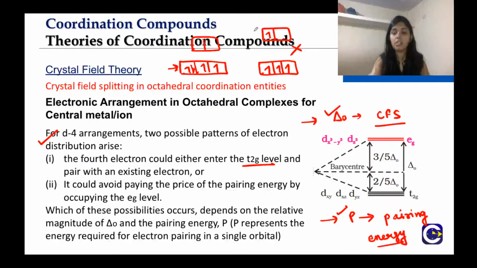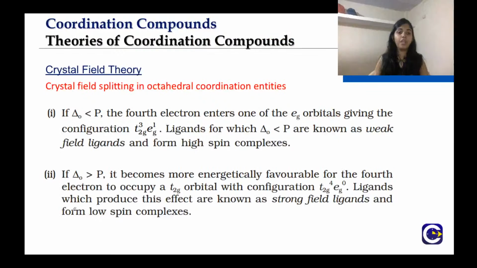So let us see here that if delta O is less than that of pairing energy, that means what? That pairing energy is greater than that of the crystal field splitting. That means it is harder to pair up an electron. Then what will happen? That Eg orbital will be having that electron.